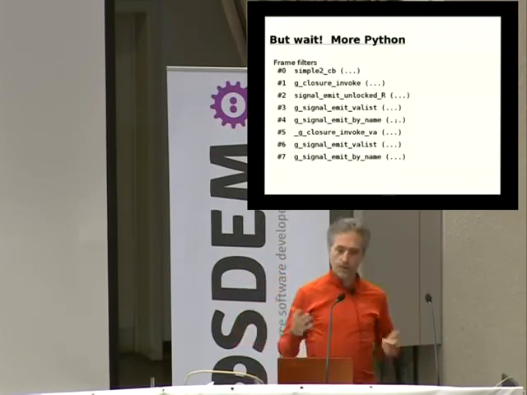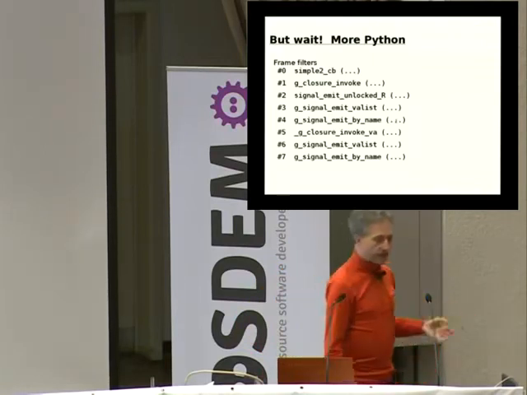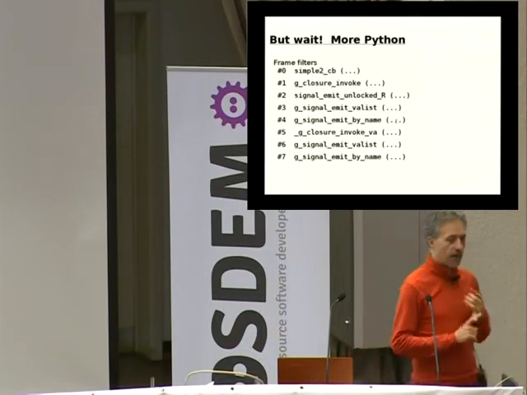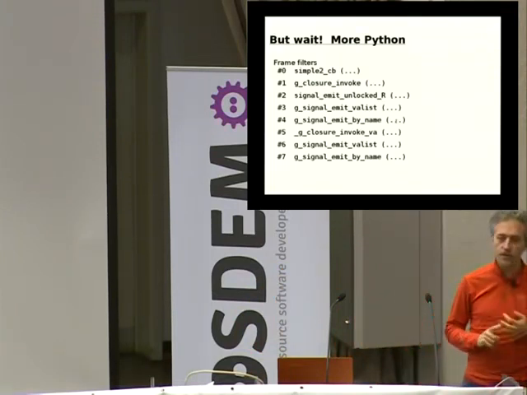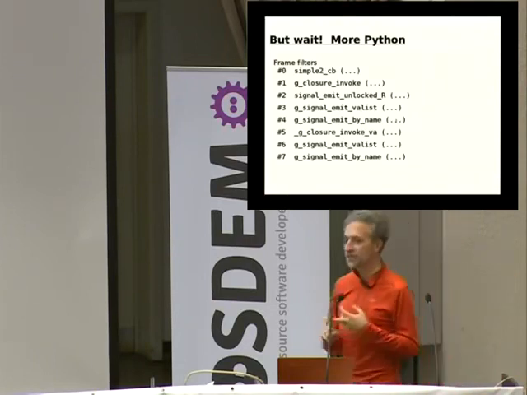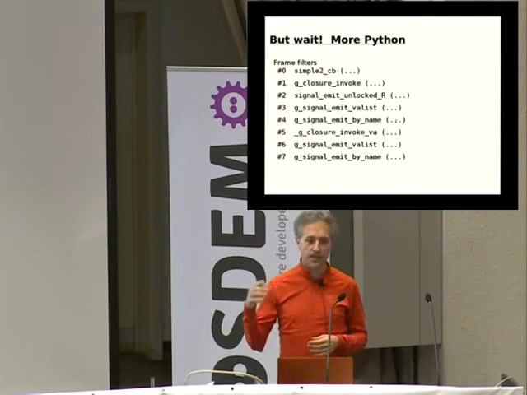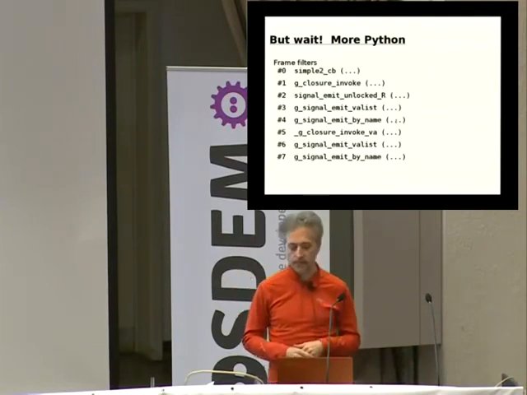So Phil added a feature last year called frame filters. Frame filters are activated by hooks. They're associated with your application. You see where I'm going with this? They're disableable. They work with the command line interface and with the machine interface.